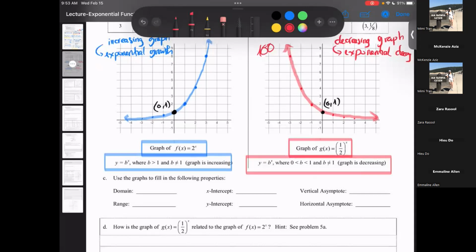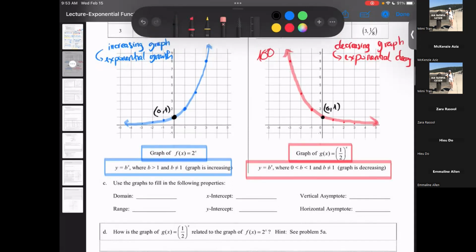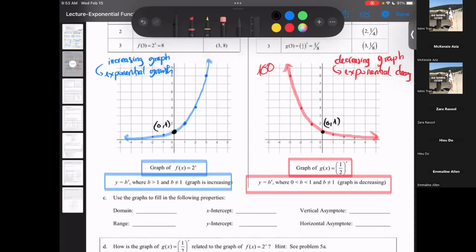Let's talk about the domain and range of the exponential function. What is the domain if you look at it? Where does the graph start? Where does it end? Everything, right?